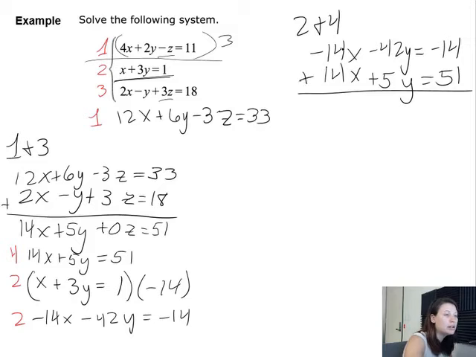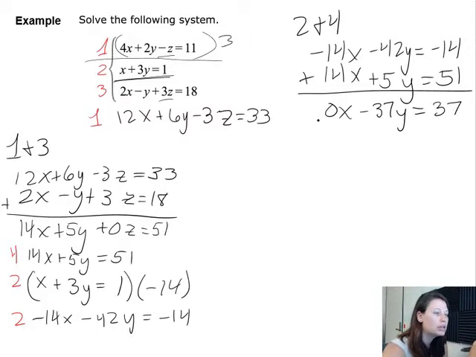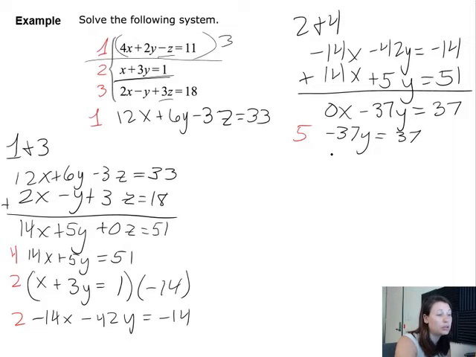Add these together. So 14x and negative 14x make 0x. Negative 42 plus 5 is negative 37y is equal to negative 14 plus 51, that's 37. So then our fifth equation in this one is negative 37y is equal to 37, which really gives us y is equal to negative 1.